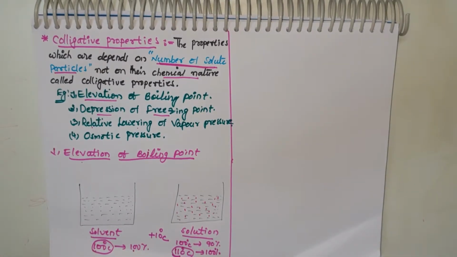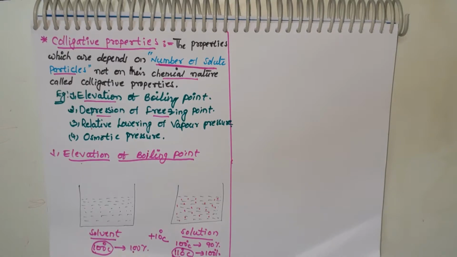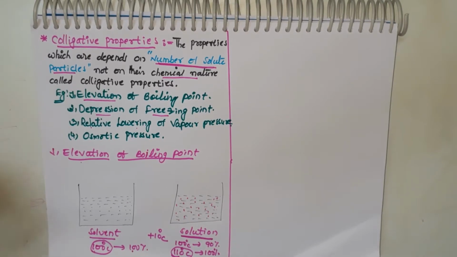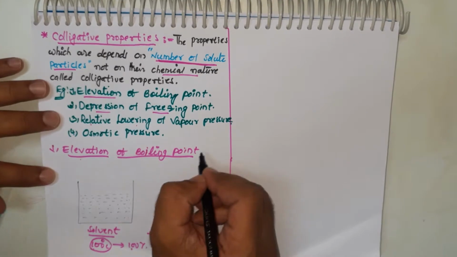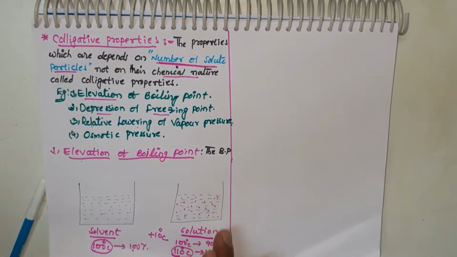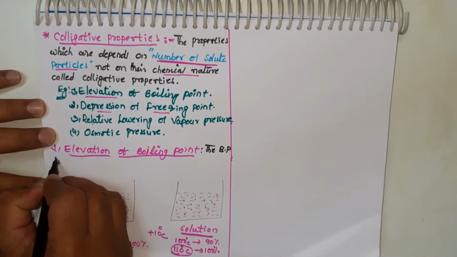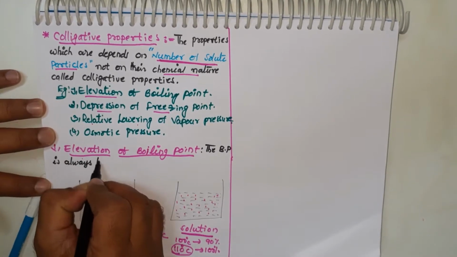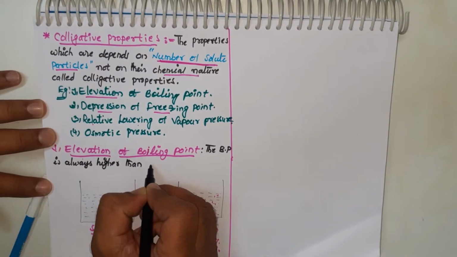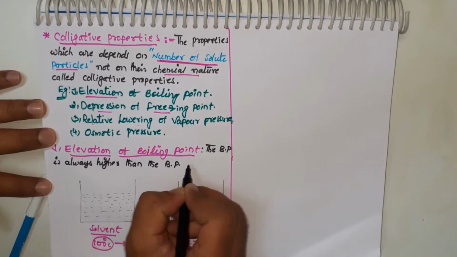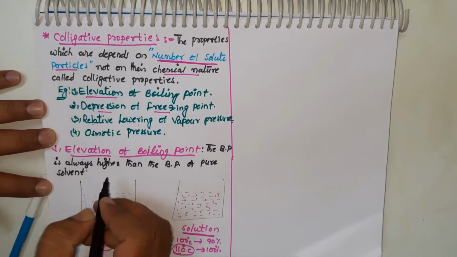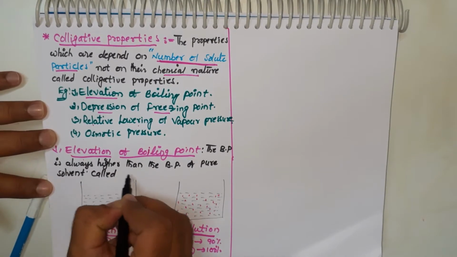Simply, we understand that the boiling point, BP, of the solution is always higher than the boiling point of the pure solvent. This is called elevation of boiling point.